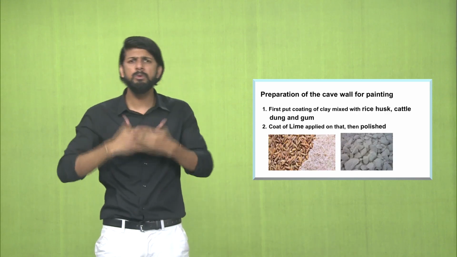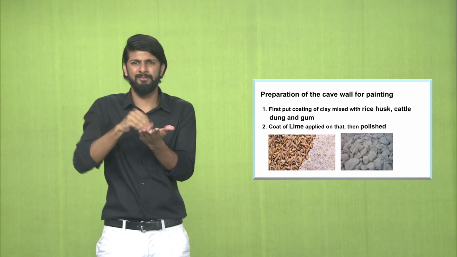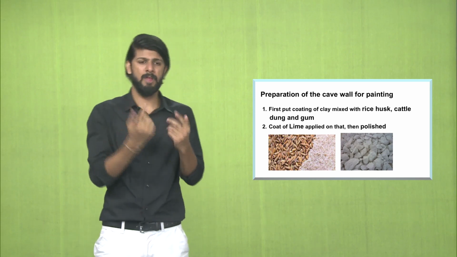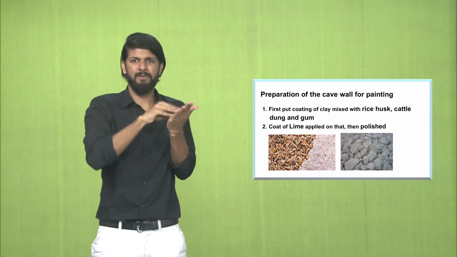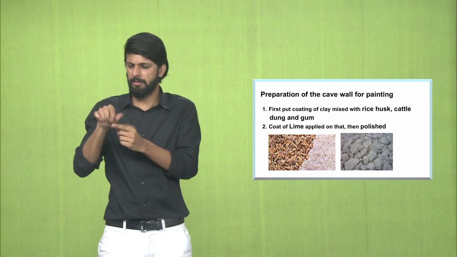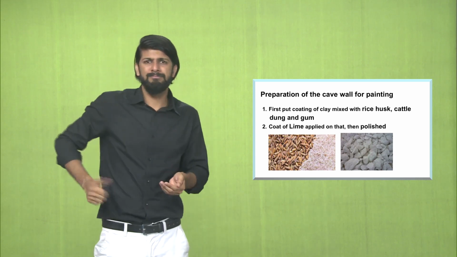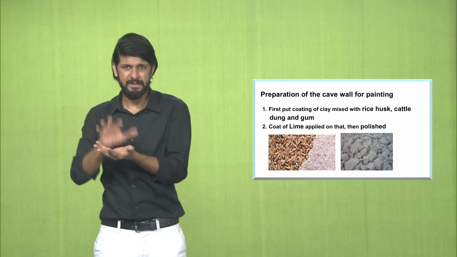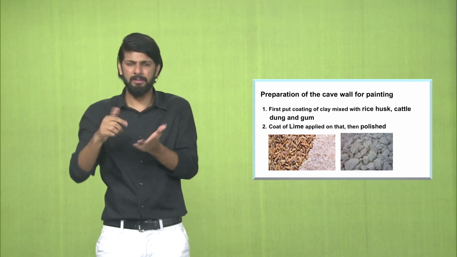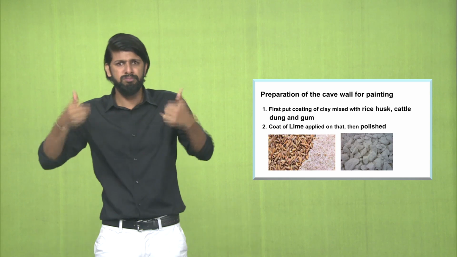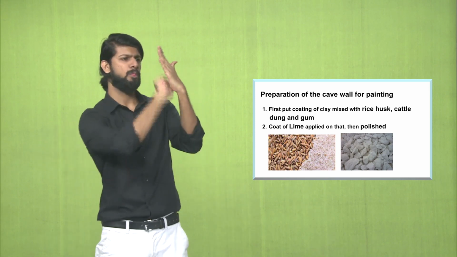Let us learn how the preparation of the cave walls for painting was done. First, the artist used a coating of clay which would be mixed with rice husk along with cattle dung and gum from trees, and this would be made into a coating and put on the wall or any surface.